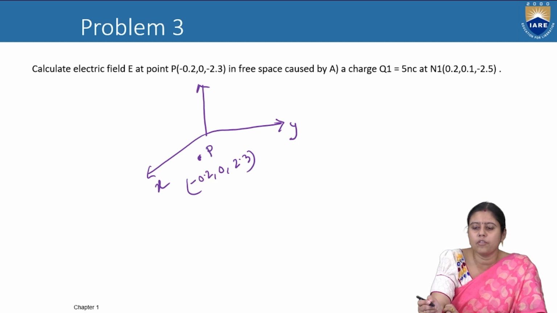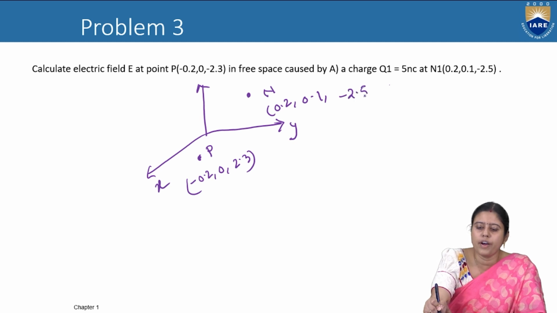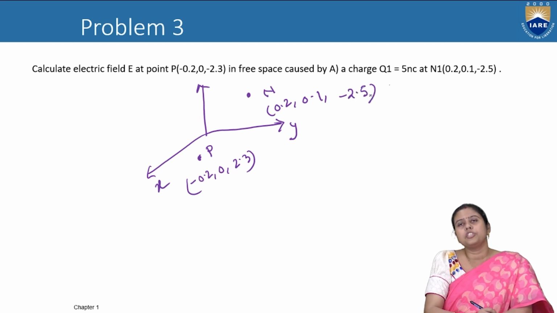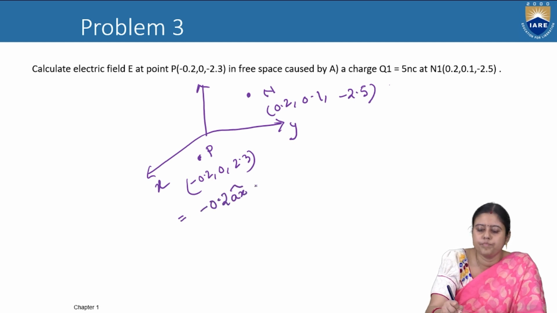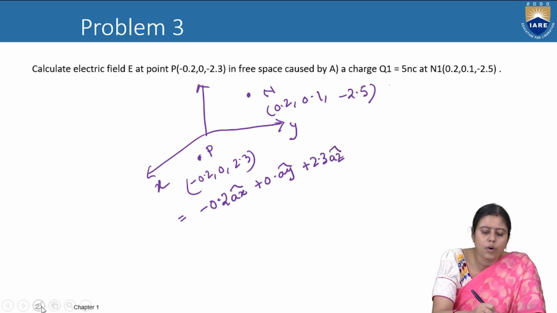What we have to calculate is at the N1. What is the N1? 0.2, 0.1, minus 2.5. So what is the position vector of P? Position vector of P is minus 0.2 AX plus 0 AY plus 2.3 AZ. What is the position vector of N?